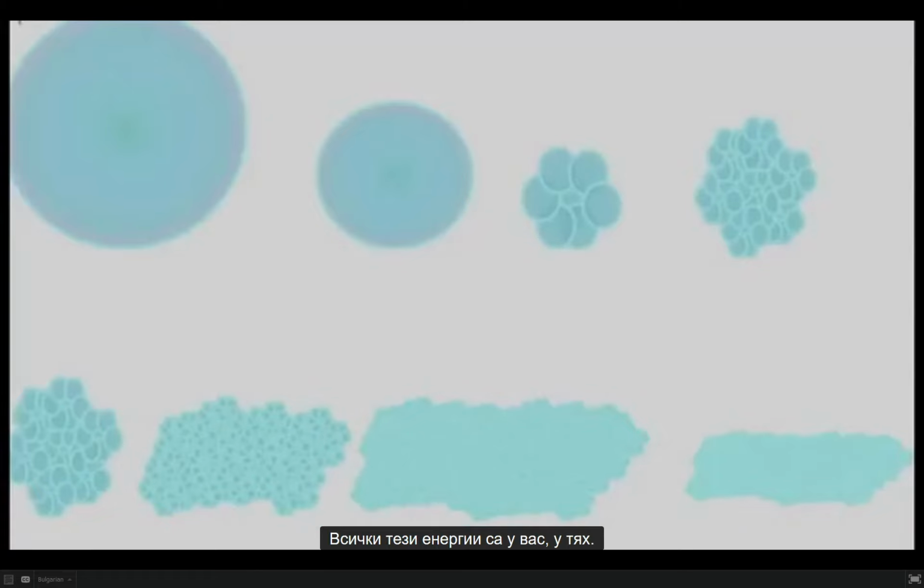All these energies are inside you, inside them. They don't take in and come closer, they don't drink energy and come closer. It's the same as a plasma. The energy of the plasma is inside it. Depends how you position it in respect to the others, is how you feel their forces and how you allow other things to go through you and amongst you.